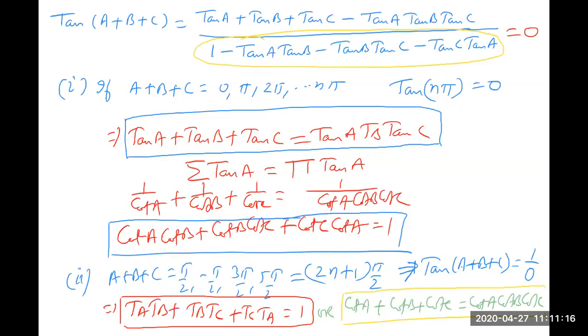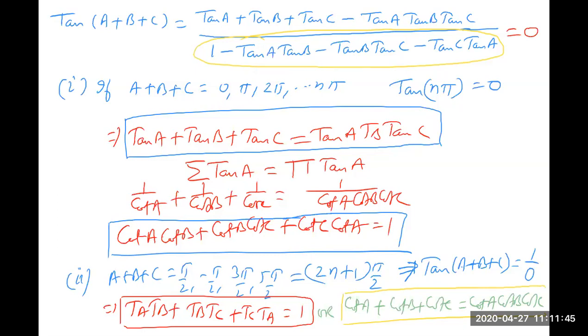But if the condition is changed, what is the new condition now? A+B+C is equal to pi by 2, minus pi by 2, or 3 pi by 2 or minus 3 pi by 2 or 5 pi by 2, etc. That means odd multiple of pi by 2. Because we know when theta is approaching pi by 2, tan theta will approach infinity, whether plus infinity or minus infinity. So in all those cases, denominator must be 0.